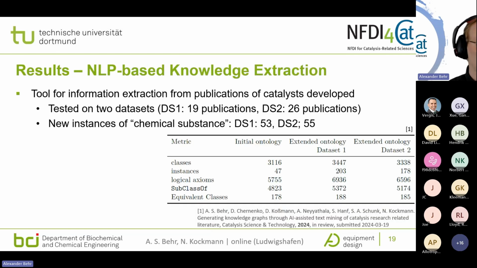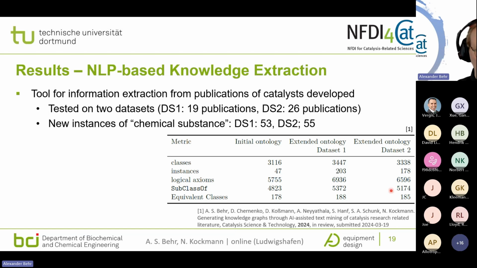So we developed this tool for information extraction from publications on catalysts. We tested it also on 2 data sets. The first data set contained 90 publications, the other one contained 26 publications. And with this, we included plenty of new substances based on other ontologies, for example, the ChEBI ontology, but we also introduced new chemical substance classes, for the first data set 53 and for the second 55, which will be needed later on to be manually curated in order to be introduced properly into our knowledge graph or into our ontology.